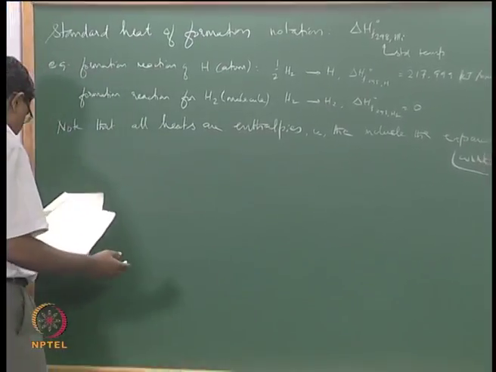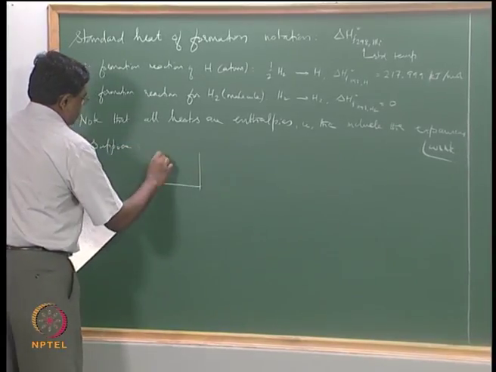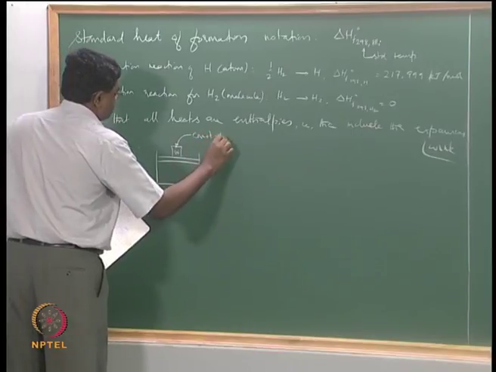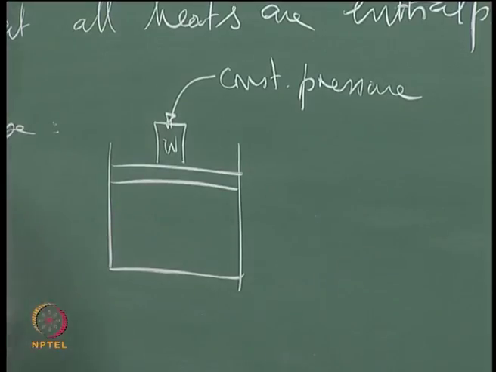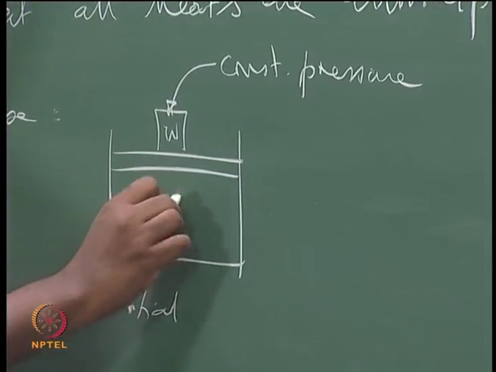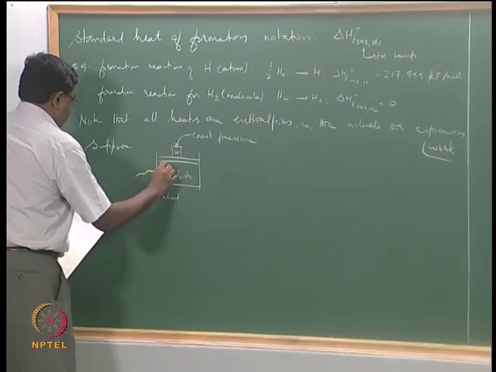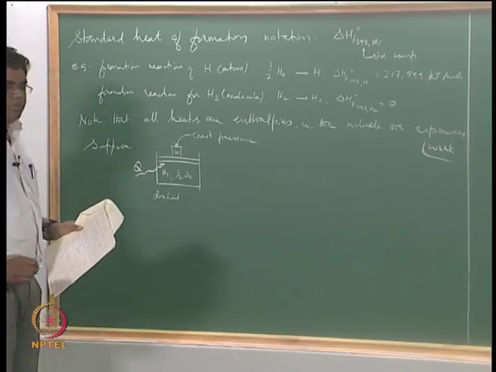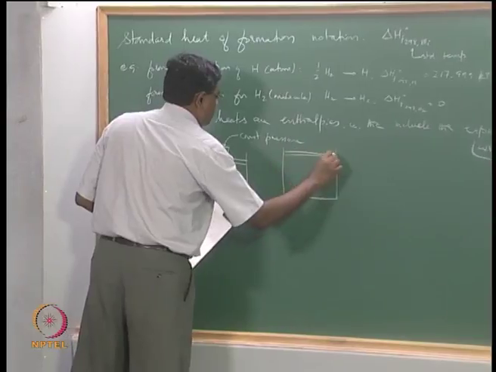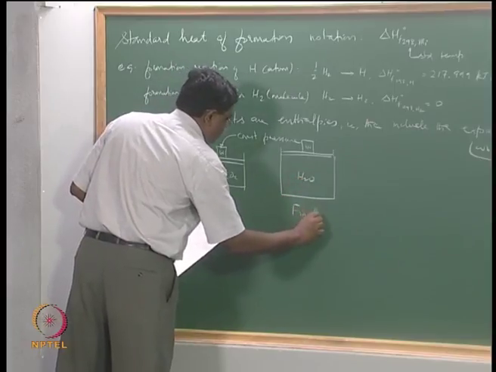So for example, suppose we now have a container and a piston and a weight W indicating constant pressure, and suppose initially we have a mixture of H2 and half mole of oxygen molecule, and suppose we now have a heat interaction across the system boundary, and finally we have a different volume, at which you now get H2O for the final state.